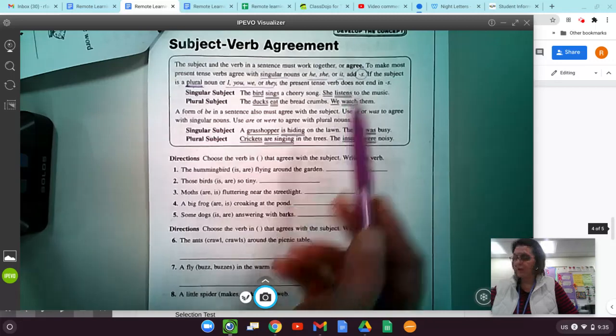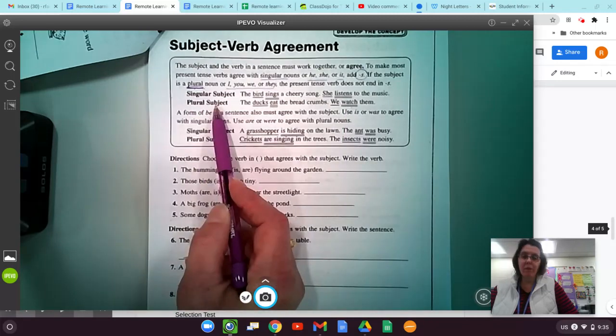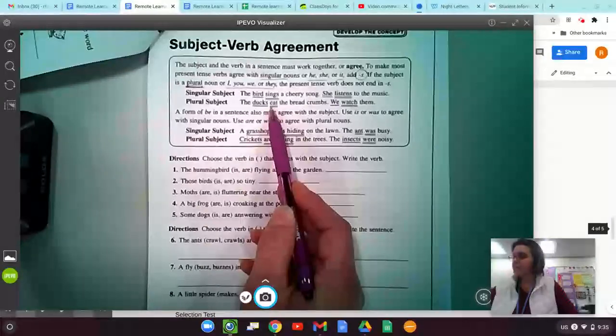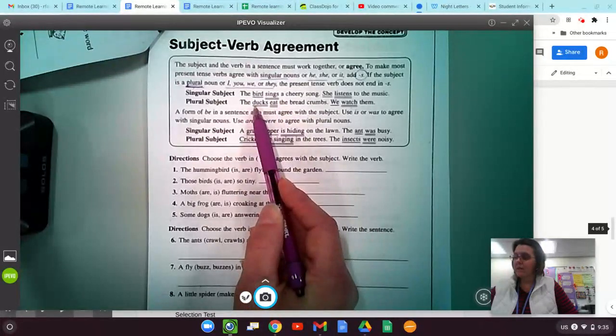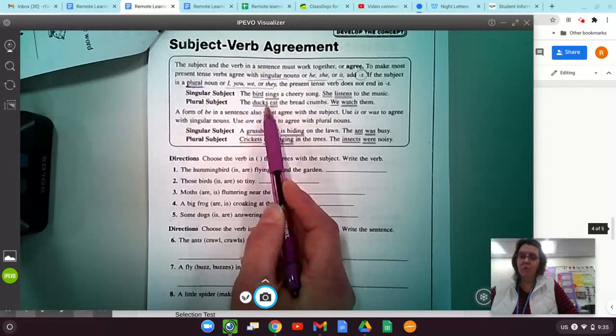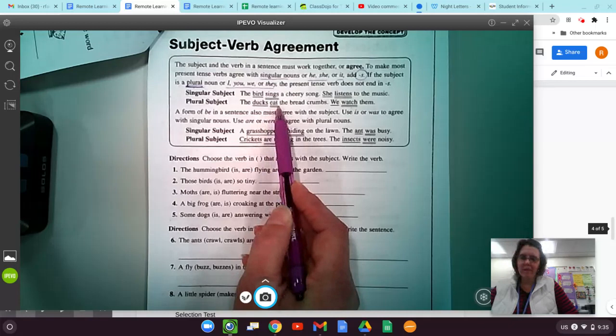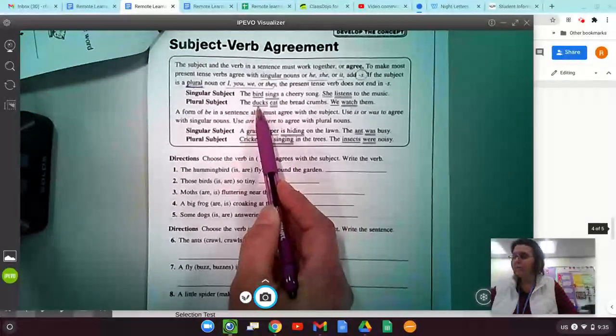Plural subject. Not this time, the subject is plural, more than one. The ducks eat the breadcrumbs. So ducks is plural. There's more than one. So the verb does not get an s. It's kind of like the opposite. If the subject has an s, the verb doesn't.